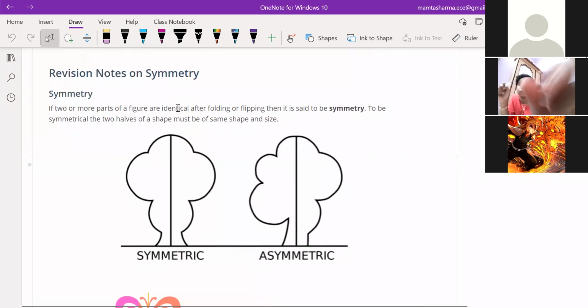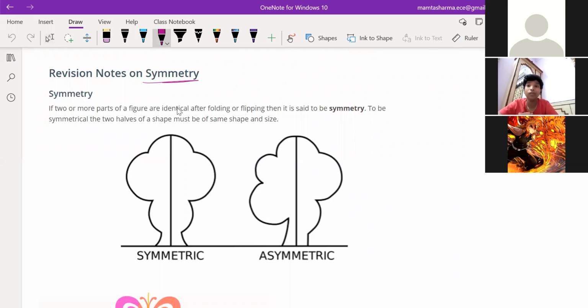So the last two chapters are symmetry and solid shapes. We'll see what symmetry is. You might have heard this word symmetry or symmetrical. What do you mean by that? Ma'am, symmetry means the same shape, I think.